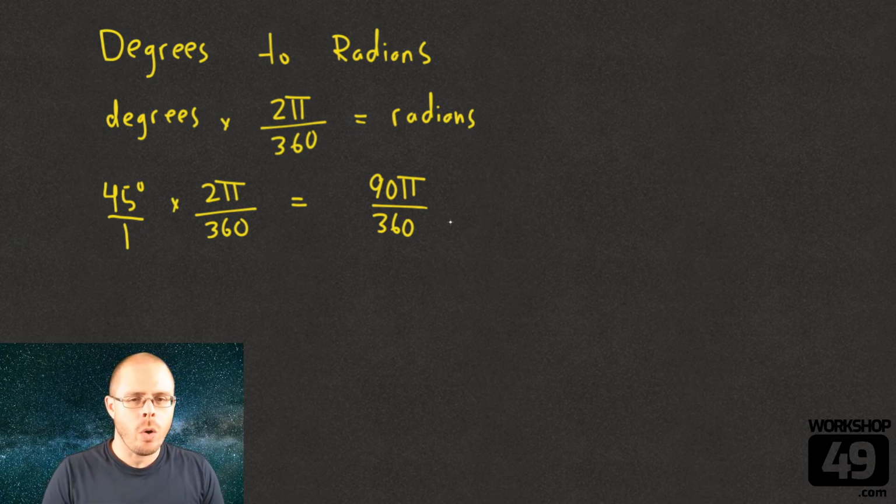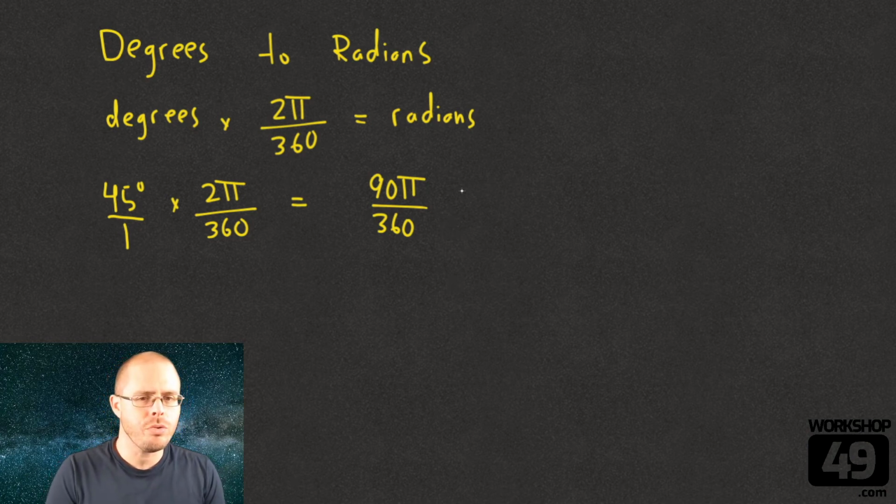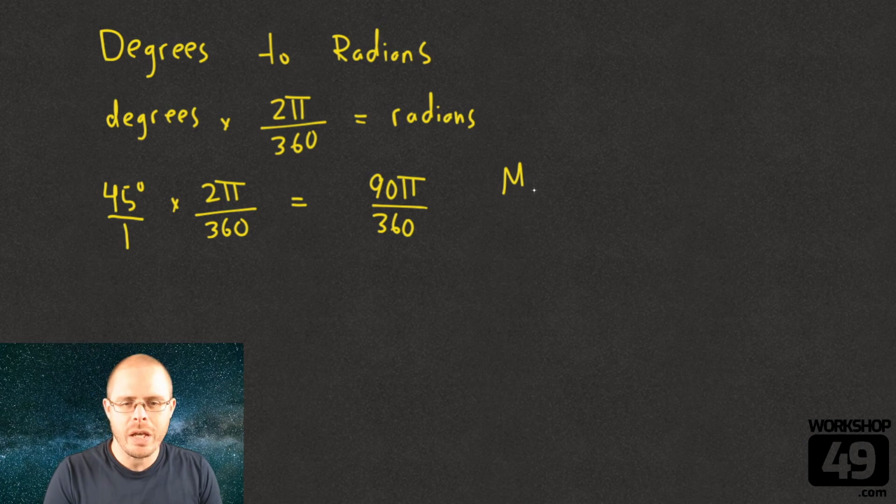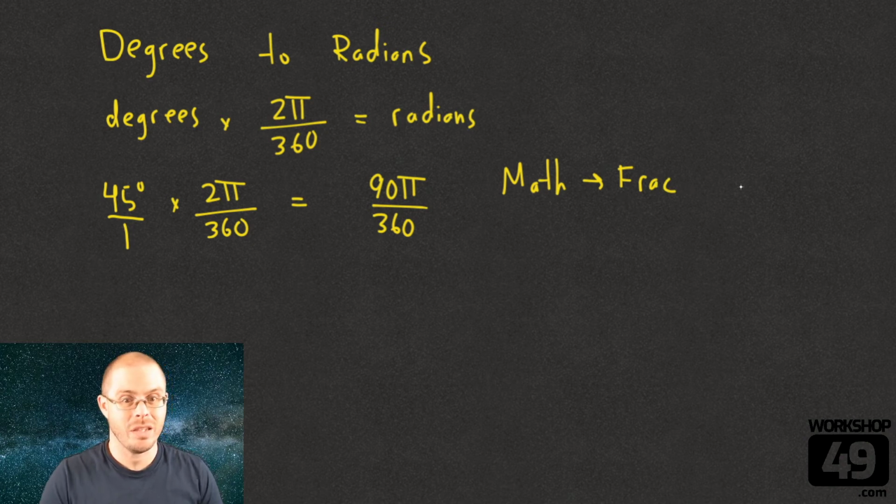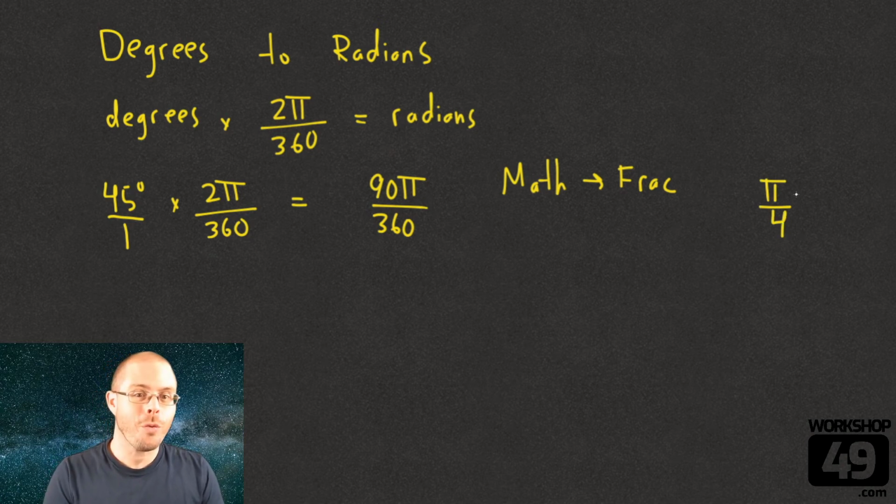If you can't, though, most graphing calculators have the ability to reduce these fractions by using a command called math. You press the little math button, and the first option is frac. If you type in 90 over 360 and then press math, frac, it'll reduce that fraction for you, saving you a ton of time. Don't put in the pi, just the 90 over 360. It'll be 1/4, which means your answer is pi over 4 radians.